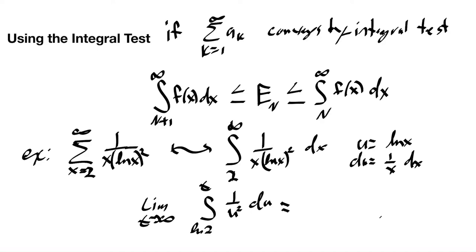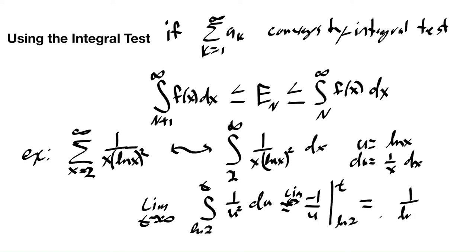And so then that's u to the negative 2, so this is going to become negative 1 over u evaluated from the natural log of 2 to t, and then we'll take the limit as t goes to infinity of that.